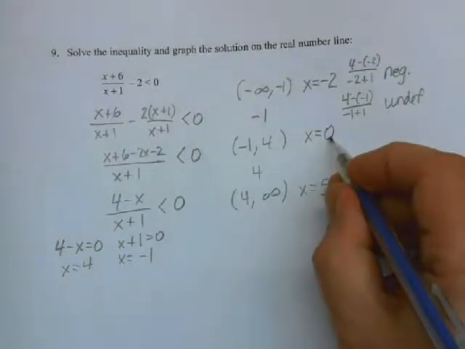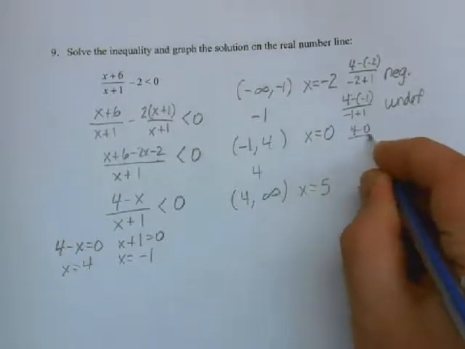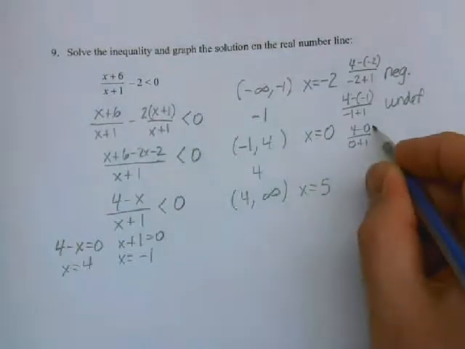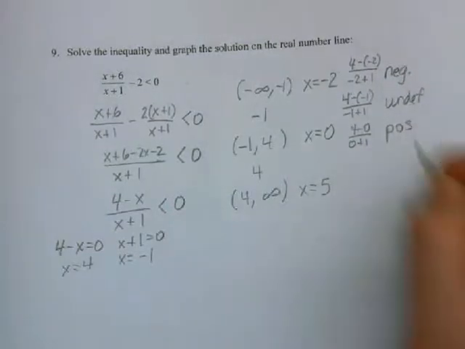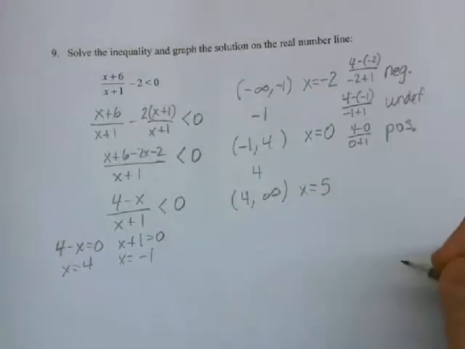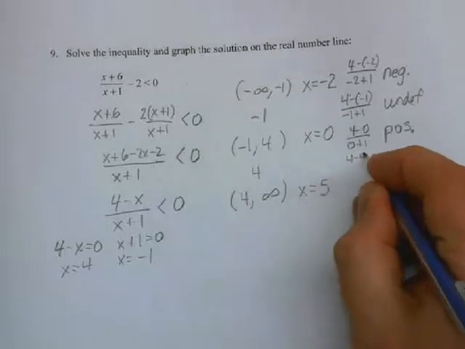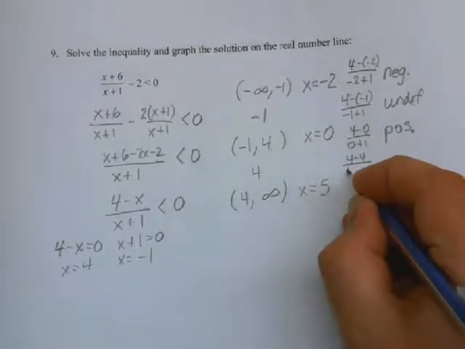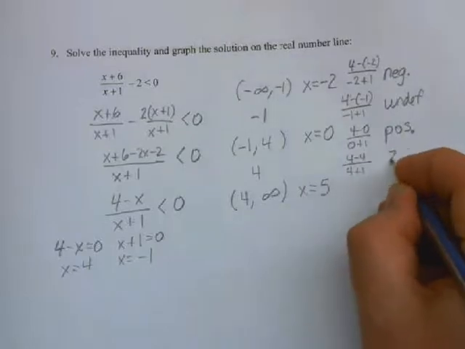Middle interval, I plug in 0. I get 4 divided by 1, which is positive. I plug in 4. I get 0 on the top, so that one is 0.